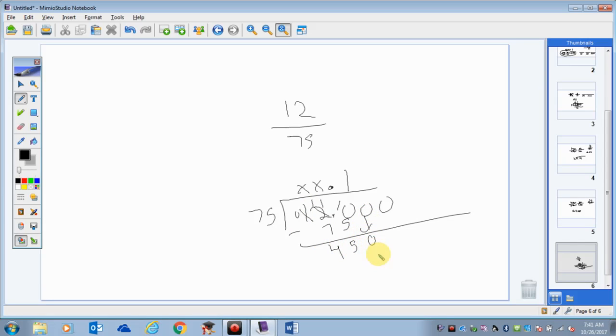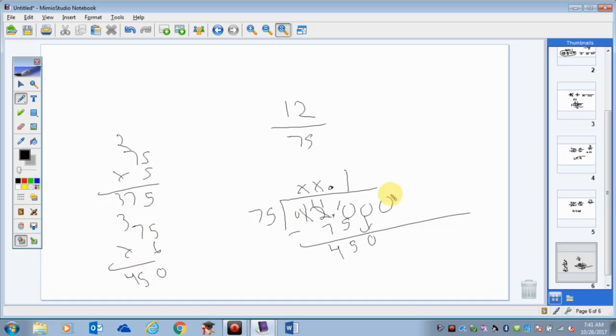Will 75 go into 450? Well, I got to kind of guess and check a little bit there. So I'm going to guess 5 times. 75 times 5 would be 5, carry my 2. 375, well that's short, so I'll go 75 times 6. Get 0, carry my 3. 6 times 7 is 42, plus 3 is 45.